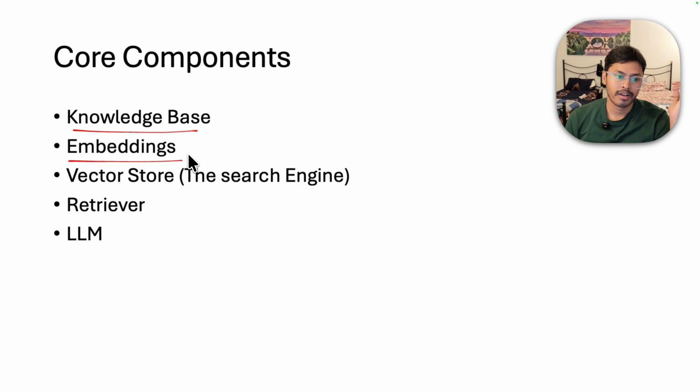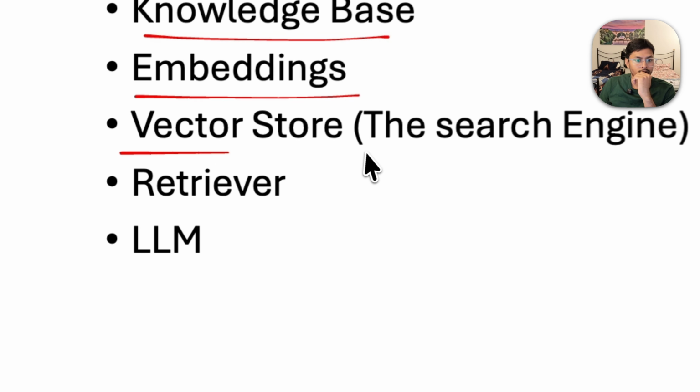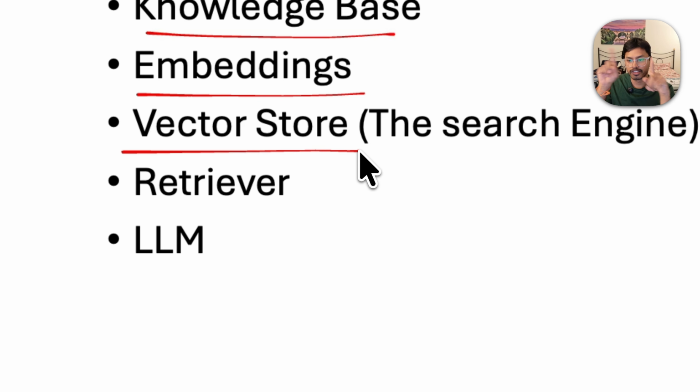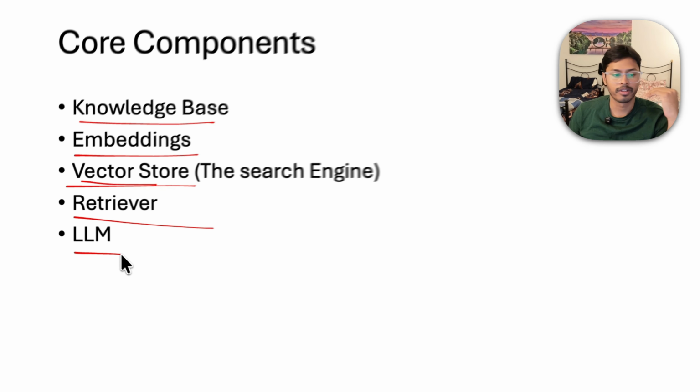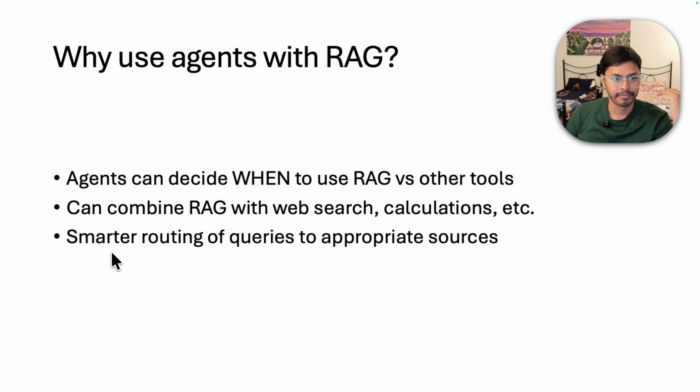So embeddings are systems that translate your input queries into numbers that LLMs can understand. The vector store is a place where all these embeddings will be stored. Then we have a retriever that will retrieve results from this vector store, and then we have an LLM. These are the core components of our RAG system.